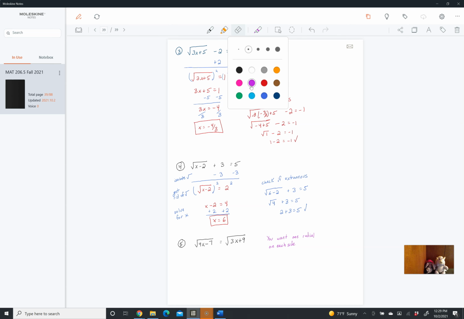Okay, so what we're going to do here is it's already isolated, so we square both sides. And when we square both sides, we get 4x minus 7 is equal to 3x plus 9. So we got rid of the radical, and now we're going to solve for x.